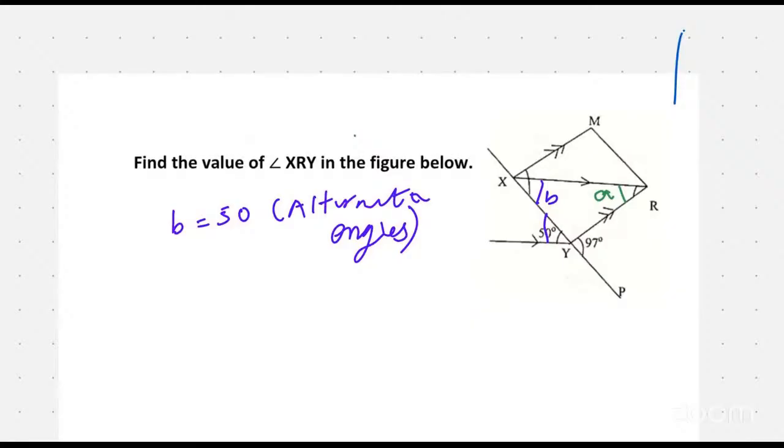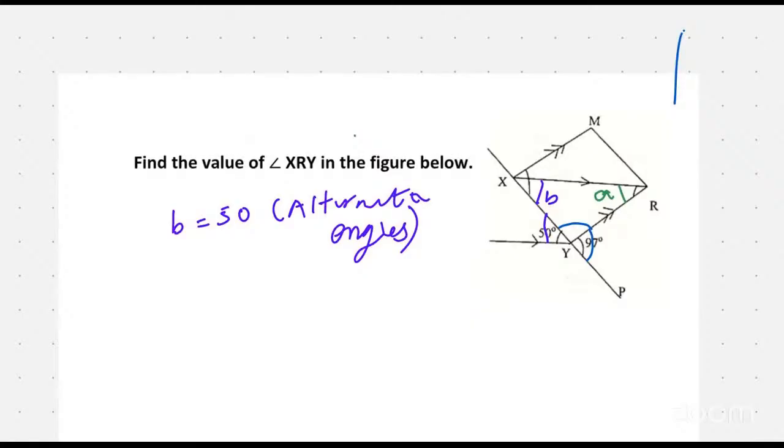So how then do we find this A? Now look at line XYP. Look at this blue angle formed here, and look at this 97. You realize that these two angles are adjacent angles on a straight line and they add up to 180 degrees.